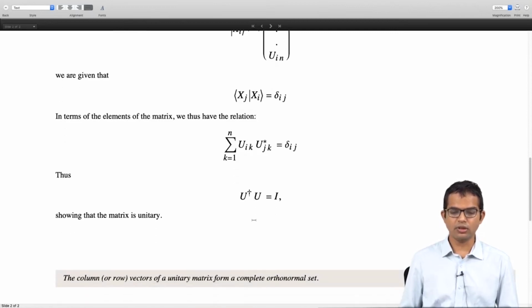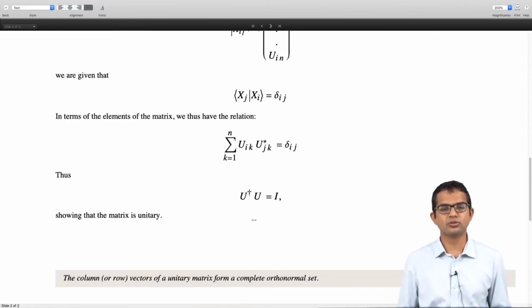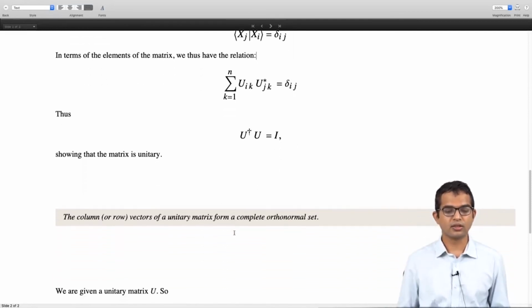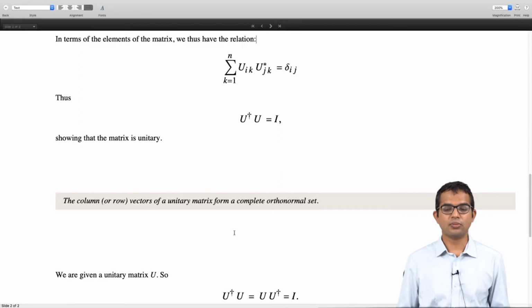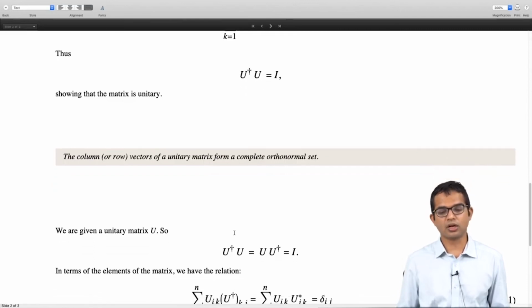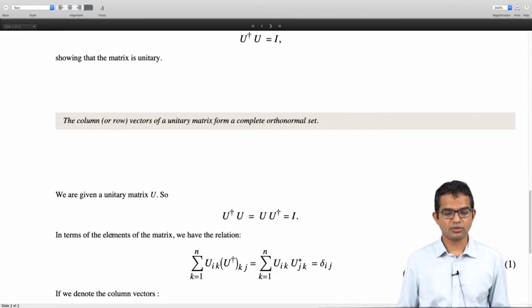Okay, so the converse result is also of course true. If you started with a unitary matrix, then for sure the column or row vectors form a complete orthonormal set, right? So this is inbuilt into a unitary matrix. You're given a unitary matrix, so this holds, and therefore you can write out the elements of the matrix.